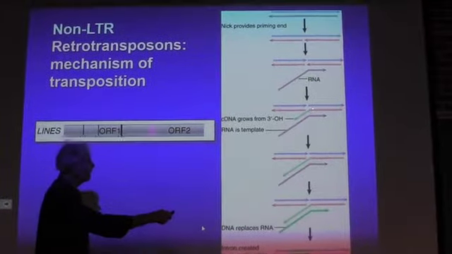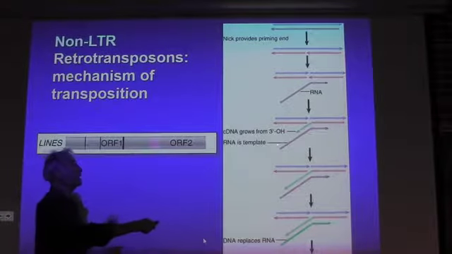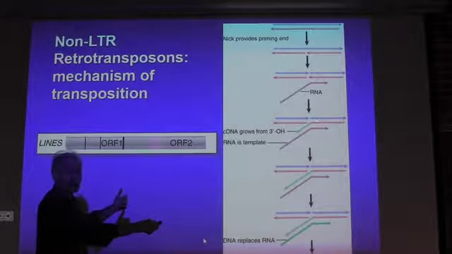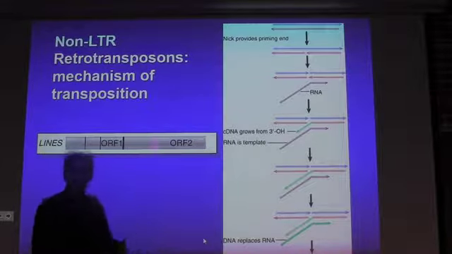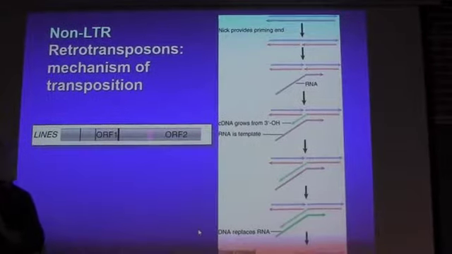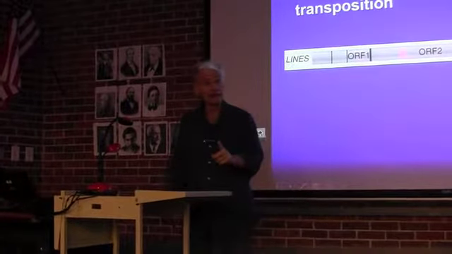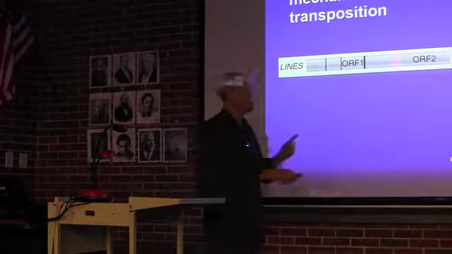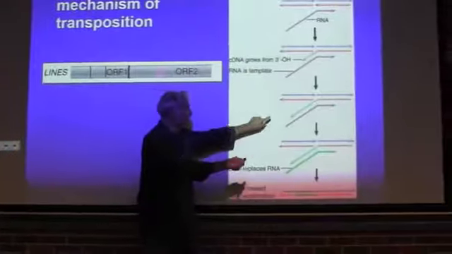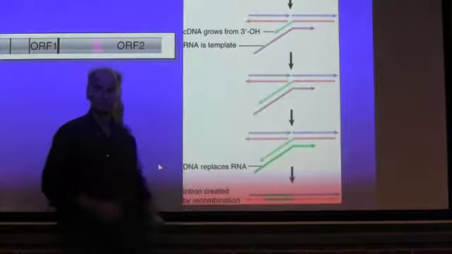The purple is the RNA, and when it gets to the end of that original RNA, it now, making DNA because it's a reverse transcriptase, turns around and makes the other strand. Reverse transcriptase uses RNA to make a DNA copy. It can also use DNA to make a DNA copy. So it's the same enzyme that now uses the DNA that it just made to make the second strand of DNA.